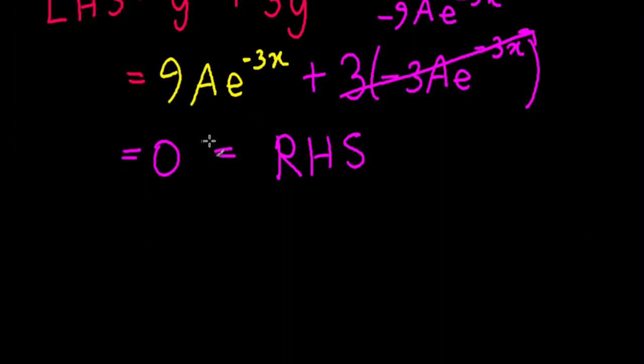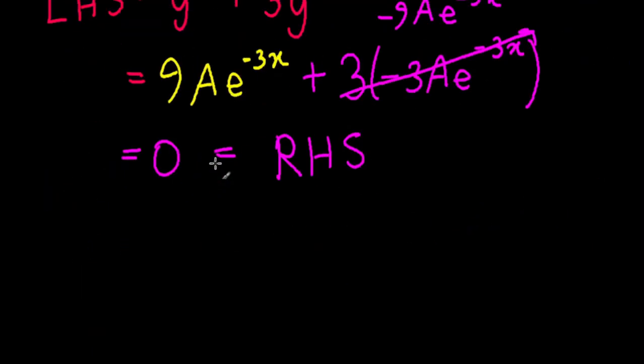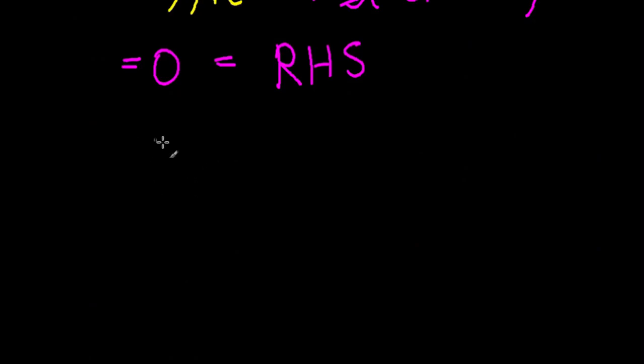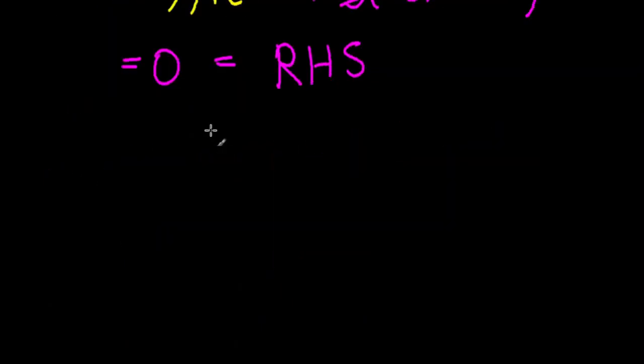The other one is, when x equals 0, y is equal to 1. Let's substitute that into this equation, the relevant one. When x equals 0, e to the power 0 is just 1, so the right hand side is going to be a plus b. But a is negative 2, so we have negative 2 plus b on the right hand side.